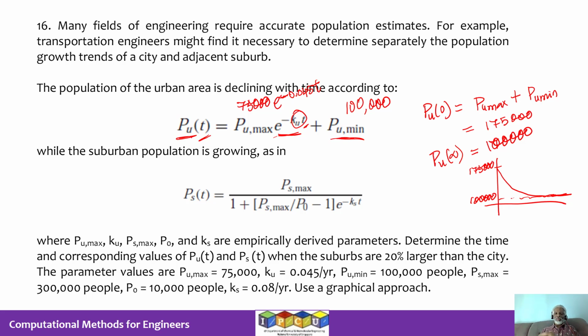Now, when you come to the suburban population, which is seen to grow, and it is given by this expression, this is called the logistic equation. This is like the S-shaped growth that you will see in many phenomena. For example, if you're working on biochemical reactions, this kind of S-shaped phenomenon is very common in the growth of, let's say, a microbial community.